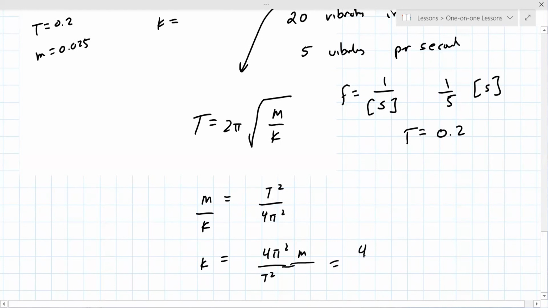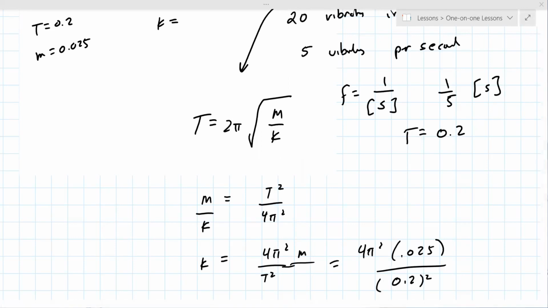So we have all those quantities: 4 pi squared, the mass is 0.025 kilograms, the period is 0.2 squared. So you can do that: 4 times pi squared times 0.025 divided by 0.2 squared. So k ends up being 24.7 newtons per meter.